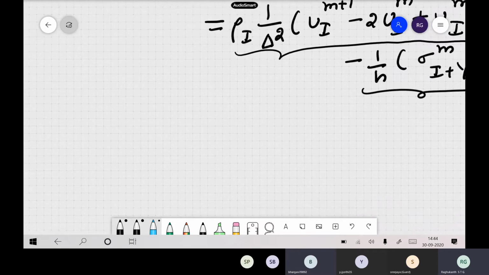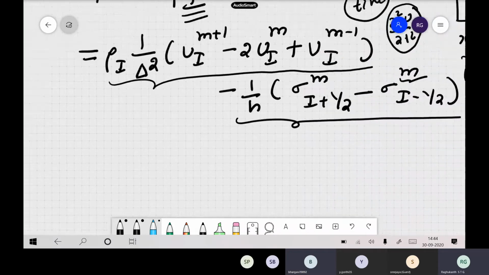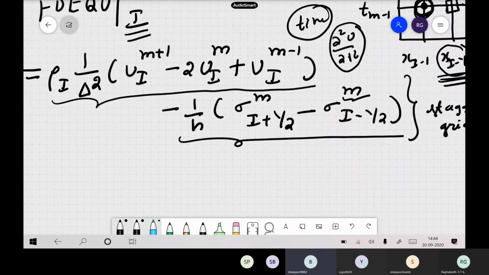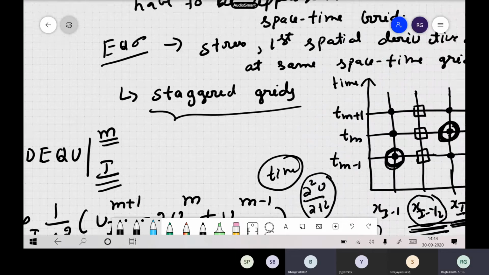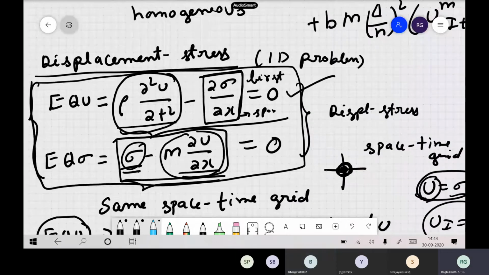Now let us write the second equation. Sir, let's say in the equation we have u and sigma also in addition to what we have right now. Then do we have to define at each and every point? Hold on. Now this is our equation, right? Here we have dou square u by dou t square, and let's say in this equation we have dou u by dou t and u also.